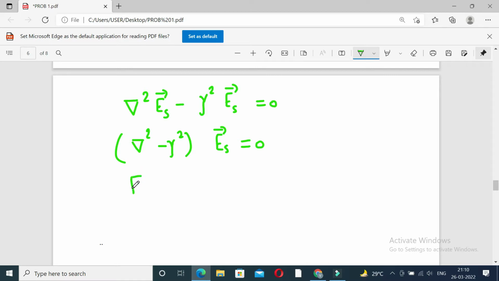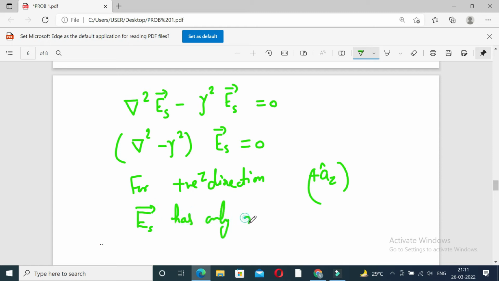Positive z direction means plus az cap, and Es has only x component. Then we may write the value of Es vector.